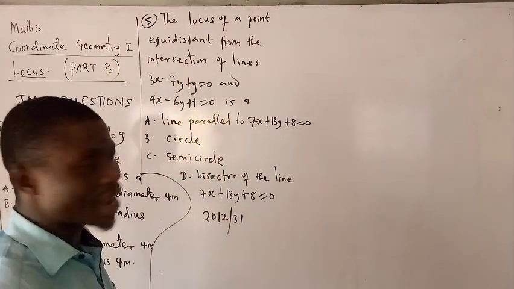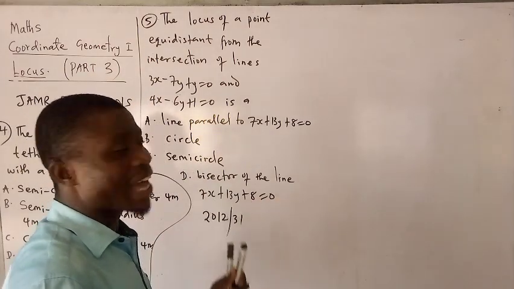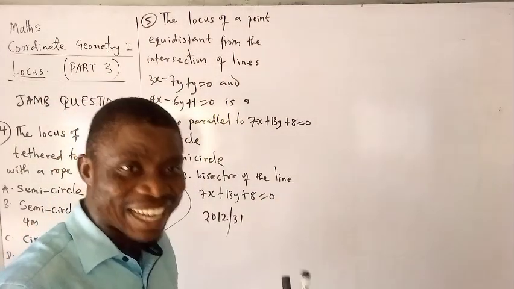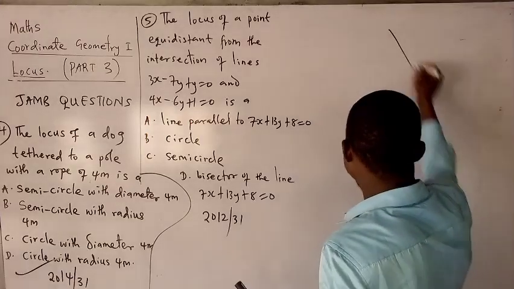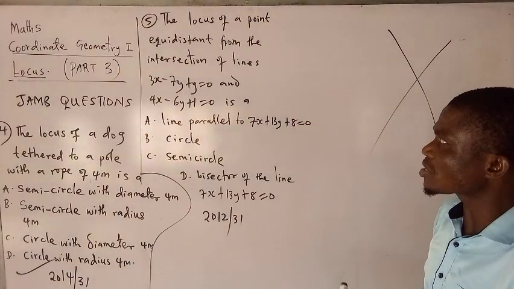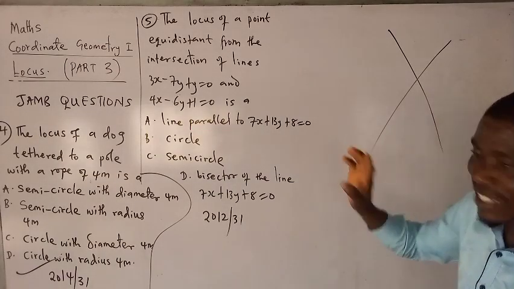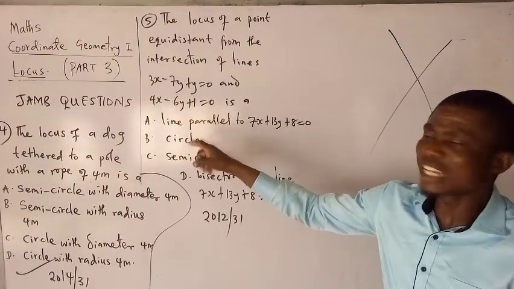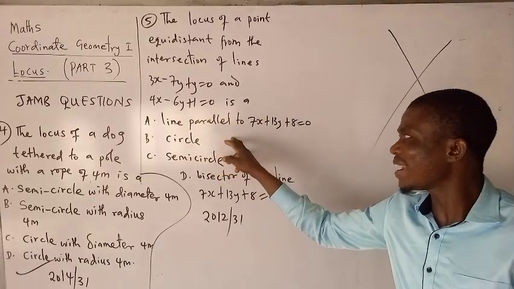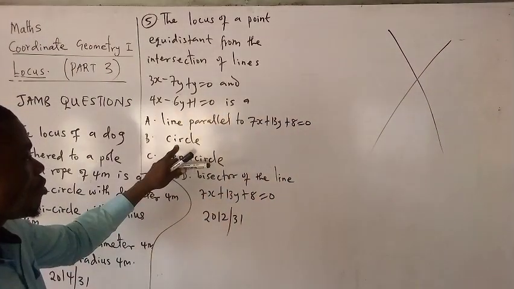It can't be a line parallel. Now let's consider. You see that the two lines intersect. I gave you this theory: locus of a point equidistant from the intersection of two lines. That is parallel, a line parallel to this. It can't be parallel.